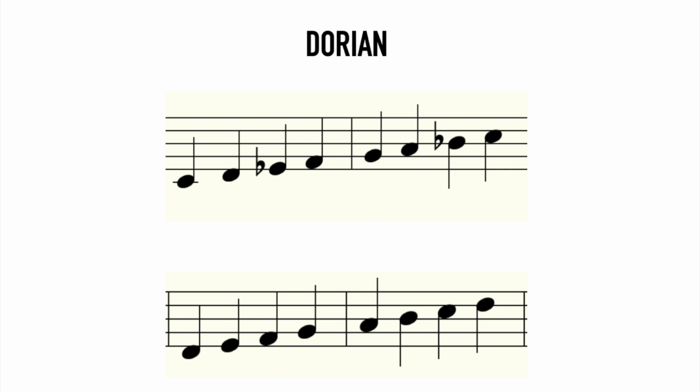So if we play the C Dorian scale, C, D, E flat, F, G, A, B flat, C, this is what we have. Or, if we use the same notes as the C major scale, but instead start on D, D, E, F, G, A, B, C, D, we also get Dorian, but it's D Dorian.